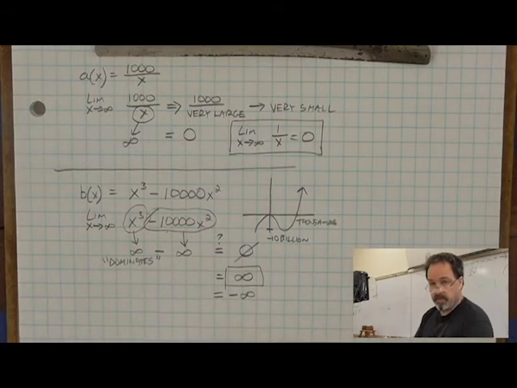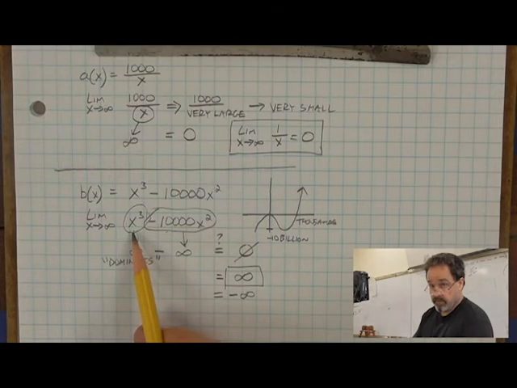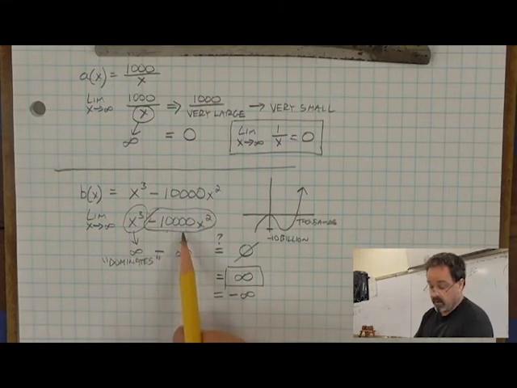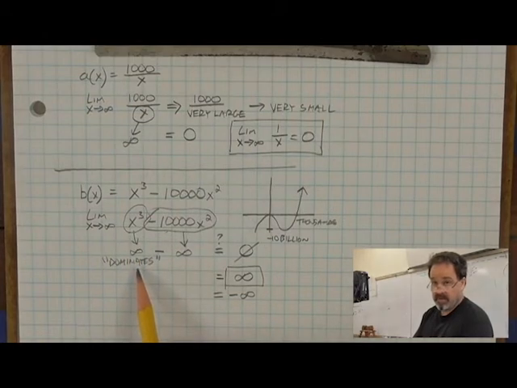What do we mean by that? The cube grows more quickly than the square. In this case, this term being a cube dominates the other one because it grows more quickly, and its influence on finding the limit then decides the final outcome. And this term being positive means that the limit is positive infinity.